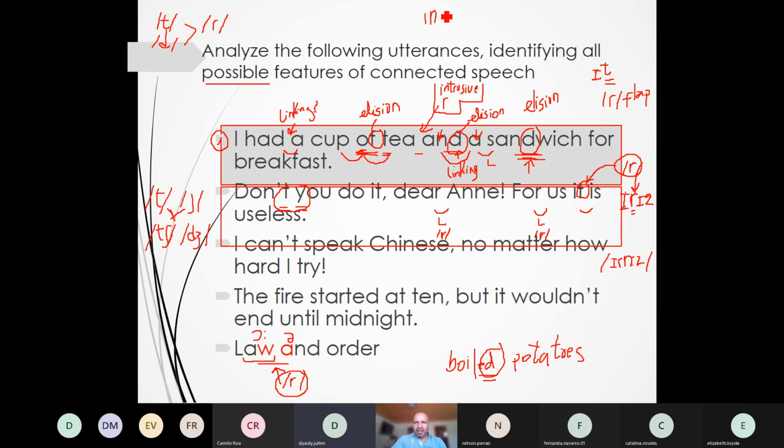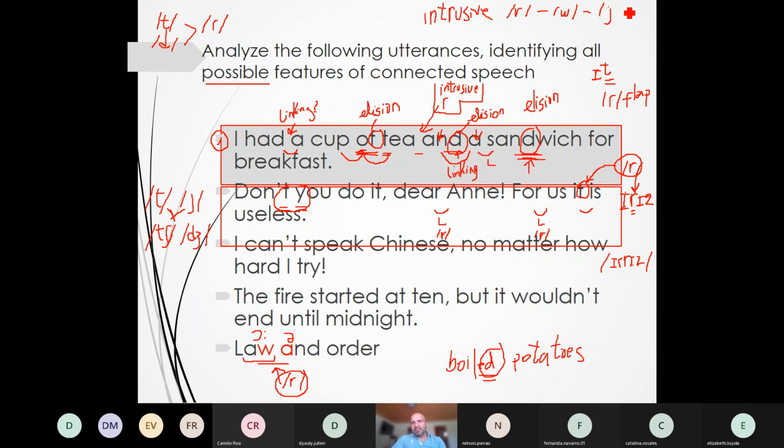And whenever we think about intrusion or intrusive, I wouldn't think only about R, because if you think about this quite well, the linking w is also not present, so it could also be called an intrusive feature, an intrusive w.